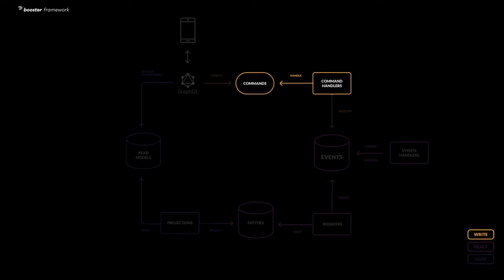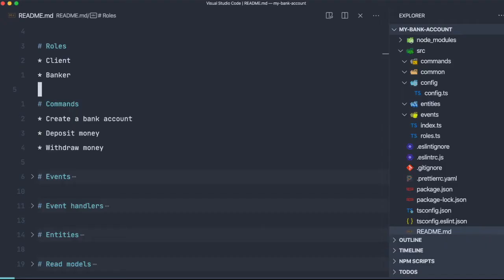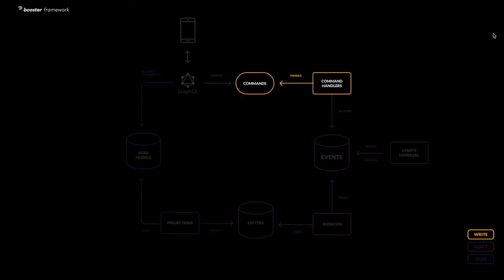For example, in the case of the application that we are developing, which is a bank account, our commands could be create a bank account, deposit money, or withdraw money. So when these commands are submitted, they're going to reach our application and their command handlers will be executed.